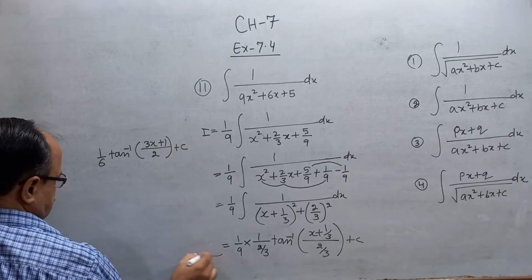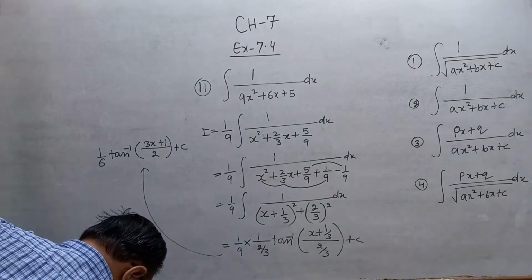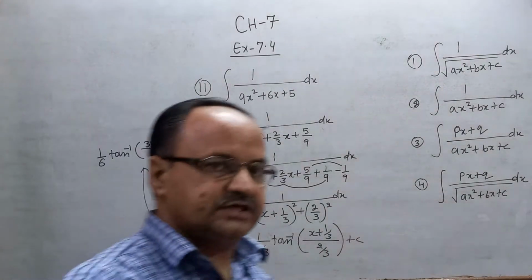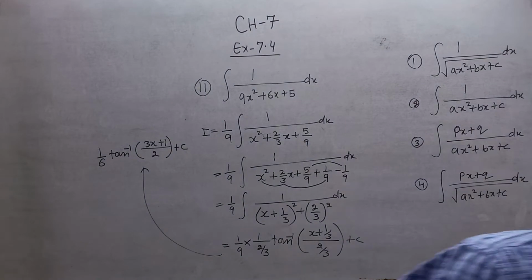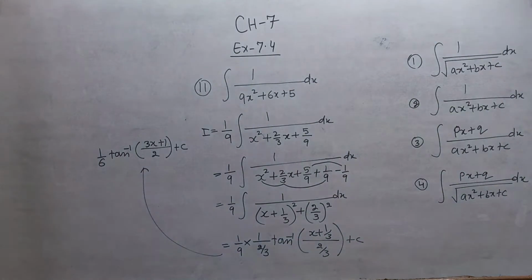This is the answer. Clear? This is the solution of this question. You can check again. It is the type of 1 by quadratic. Clear?